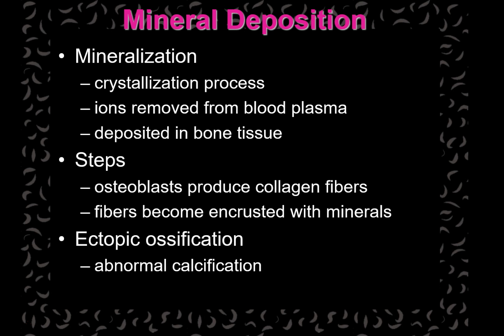A common place for that would be like the lungs. Sometimes you can get calcification in the lungs. You can get it in the brain. Lungs are a little more common. Sometimes you put enough stress through muscles or tendons, they'll start to form crystallized calcium carbonate in the tendons. Okay, so any place this happens that we didn't want it to happen is called ectopic ossification.